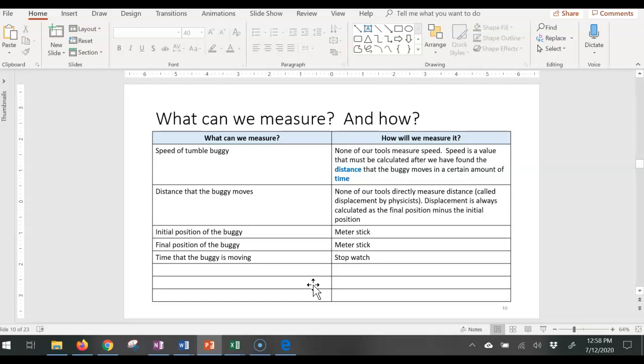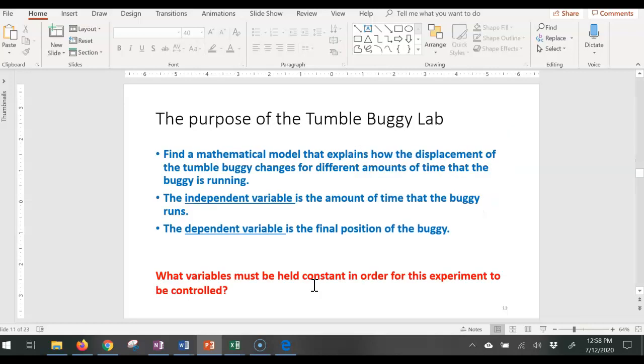Now, time I can measure directly using a stopwatch, but in order to get the distance, I really need to measure two things, the initial position of the buggy and the final position of the buggy. Luckily, both of those positions can be measured with my tool, which is a meter stick. Okay, so the bottom three rows in this table, those are the direct measurements that we'll be taking.